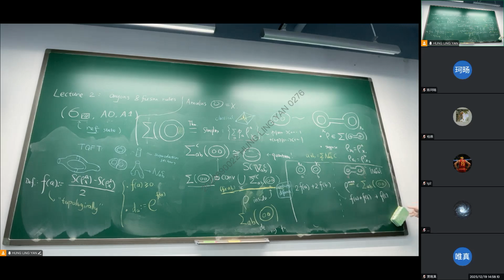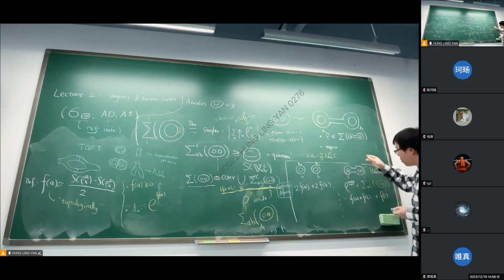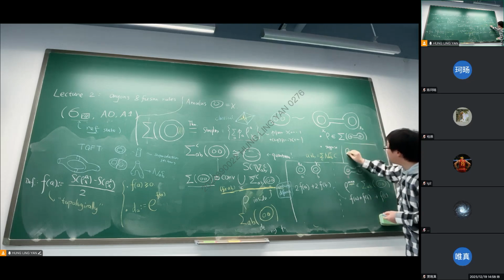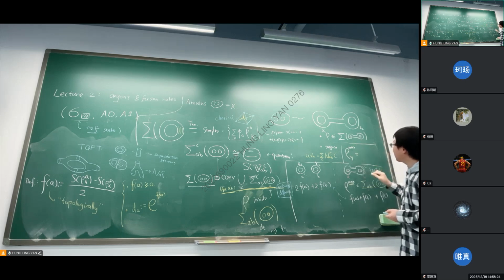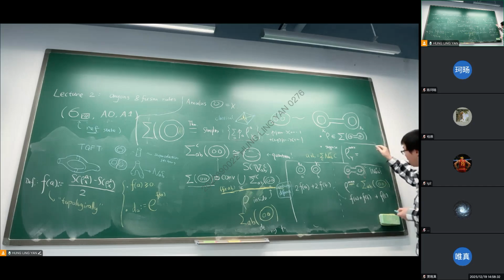The maximal entropy state on the two-hole disk is related to this number, the sum of different C. We can figure this out, but the idea is that this requires knowledge of N_ABC.